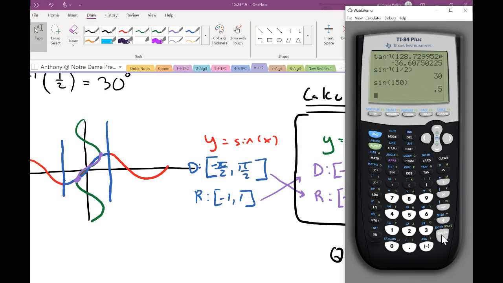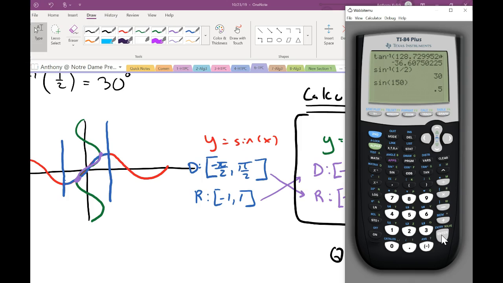So one of the tricky things is figuring out how to find a different answer, because there's infinitely many answers when we do sine inverse of whatever. It's the question of which one of those we want. The calculator's only going to give us one of them, but we can use that one to find any one we might be looking for. That becomes the trickiest part of this section.